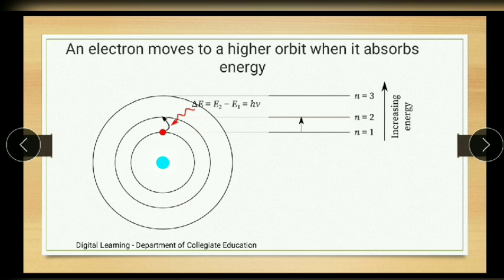When an electron absorbs energy, it moves from a lower orbit to a higher orbit like this. The absorbed energy is equal to the difference between those two energy states and is equal to h nu, where nu is the frequency of radiation absorbed by the electron.